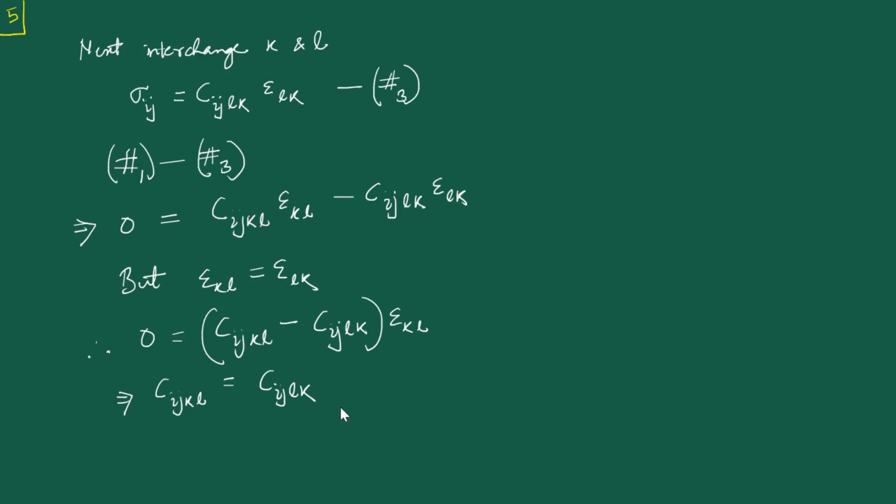let me go to the next page and number this page. So just now what we have obtained is that Cij Kl is equal to Cji Kl, and Cij Kl is equal to Cij Lk.